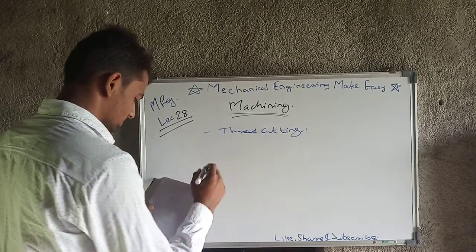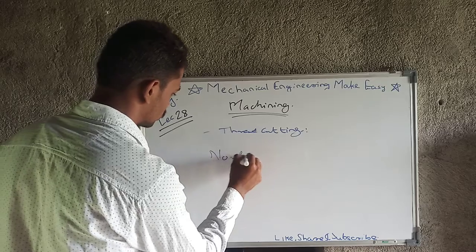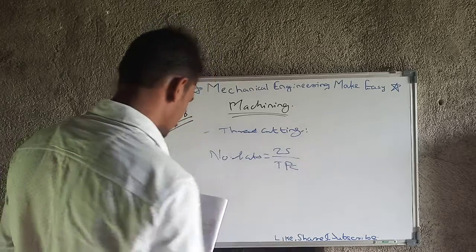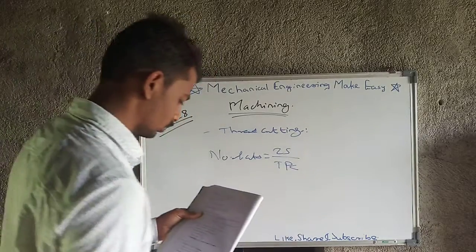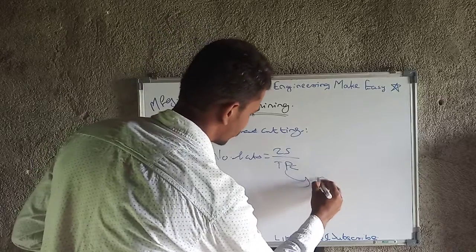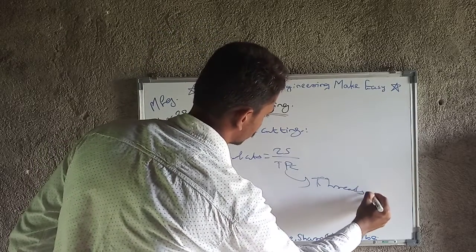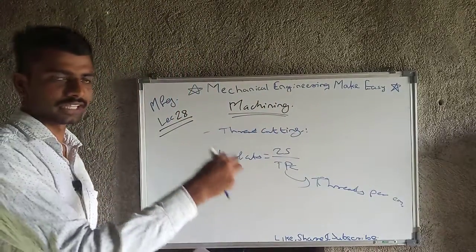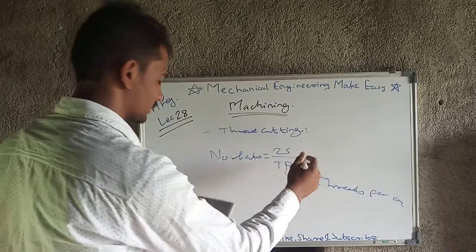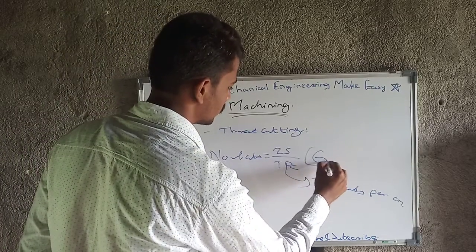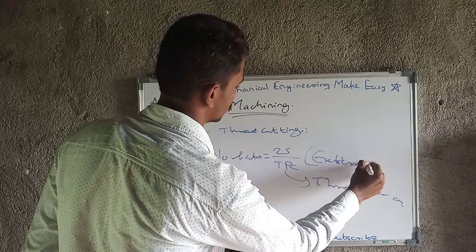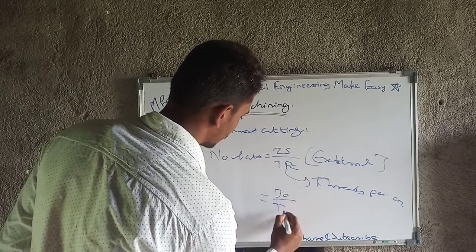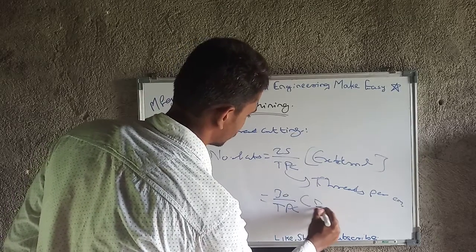The number of cuts required for threading will equal 25 upon TPC, sorry, threads per centimeter, for external threading. The formula for internal threads is 30 upon threads per centimeter.